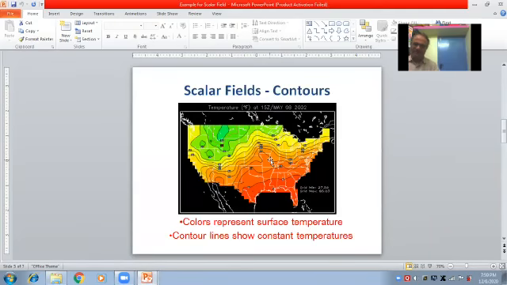Another example of scalar fields is the contours of the world. This color represents surface temperatures, and a contour line shows constant temperature. Here different colors are there, and within each color the temperature is constant. So these are the best examples for scalar fields.